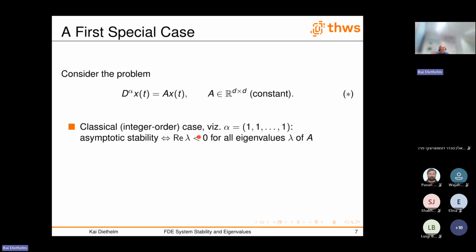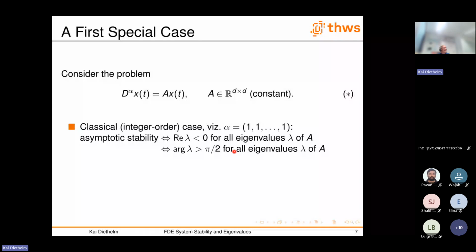So this is expressed here in terms of the Cartesian coordinates of the eigenvalues. In fact, for generalizing this, it is a bit more convenient to express this in terms of polar coordinates, which then reads that the argument of each eigenvalue is bigger than pi over 2. So that's the classical case, the integer order case, first order system.